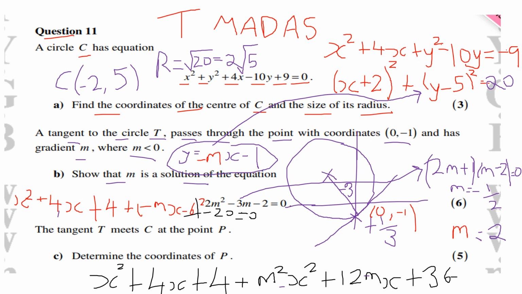Subtract that 20 is equal to 0. Now let's just simplify it. 4 plus 36 is going to be 40. 40 minus 20 is going to be plus 20. So we've got the plus 20 at the end. That'll be equal to 0.